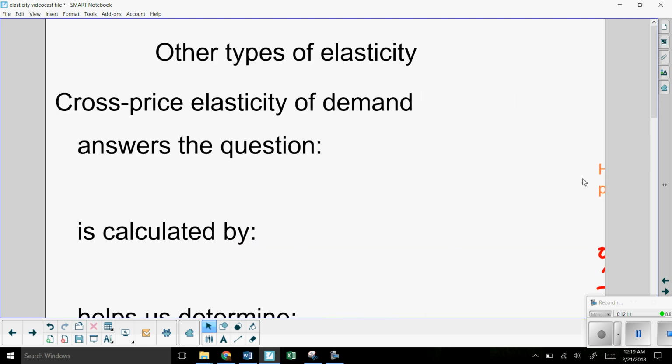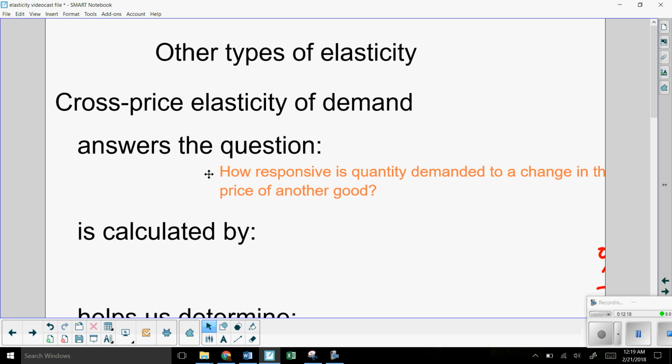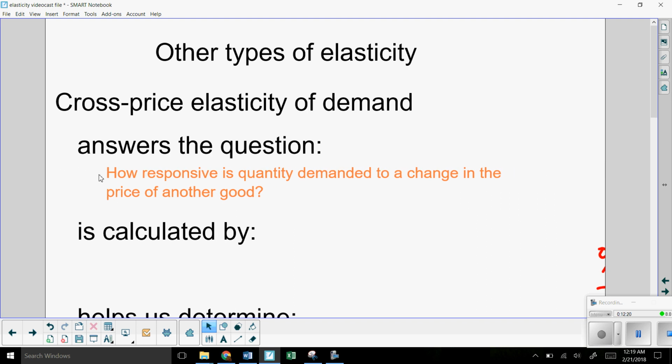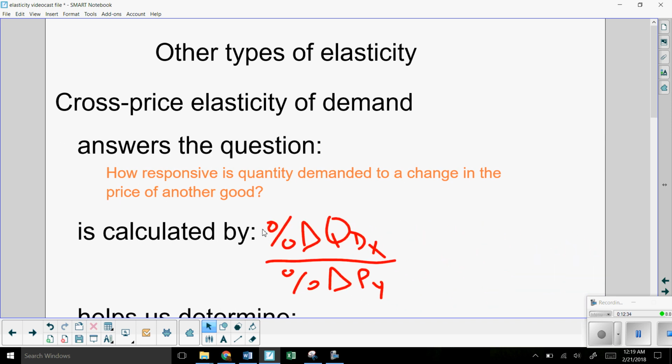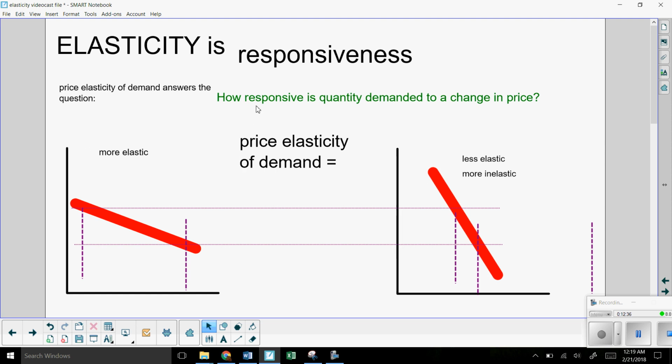So let's think, there's other kinds of elasticity, though, and they just measure different types of responsiveness. So a quick crash course on those. Here's a question. Cross-price elasticity of demand helps us answer this question: how responsive is the quantity demanded of one good to a change in the price of another good? And the formula for that, if you kind of derive the formula from the question, how responsive is quantity demanded to a change in price?